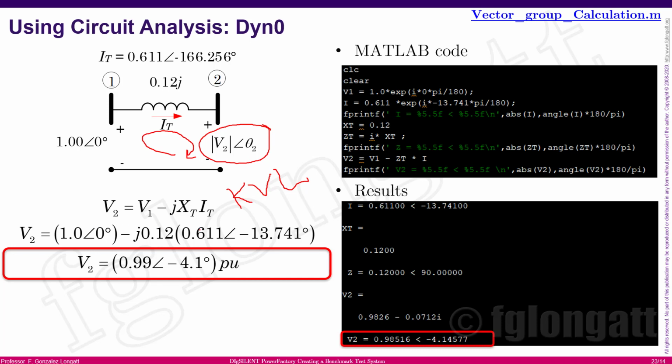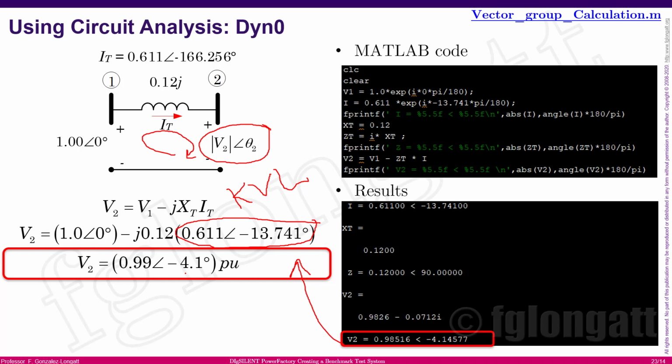I put here all the numbers together. Remember, this current is coming from PowerFactory. I got this current from PowerFactory. I created a MATLAB code. Sorry, I am a bit lazy lately. Well, not lazy, I don't have so much time to do it. And I use MATLAB, and voila, we get here the voltage at the high voltage side, 0.99 minus 4.1.